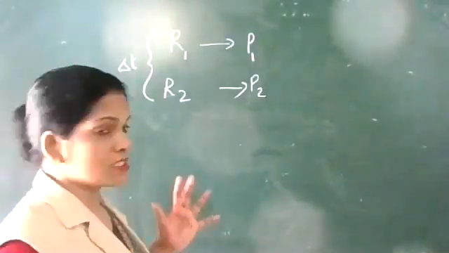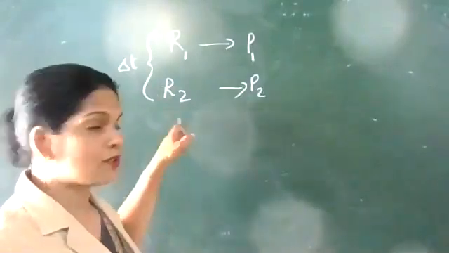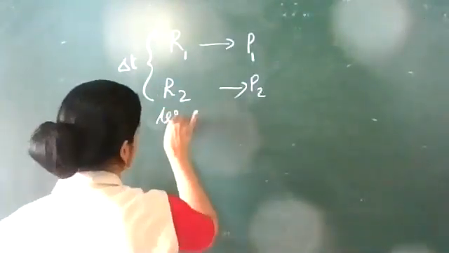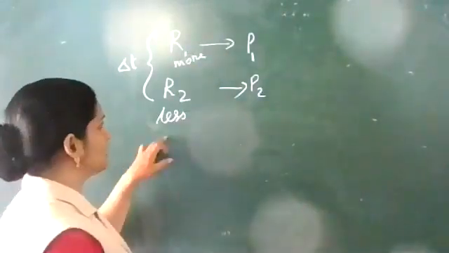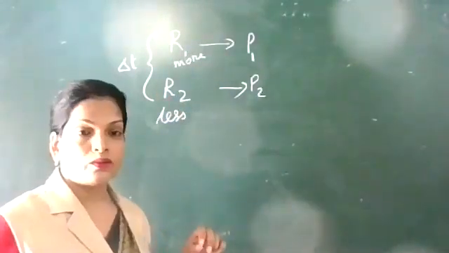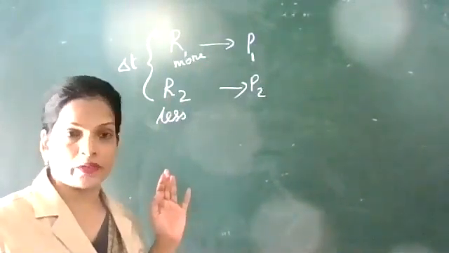What is the change in concentration? That is R2 minus R1. I told you R2 is a lesser quantity and R1 is a greater quantity. So of course less minus more will have a negative value, but we know that speed cannot be a negative value.